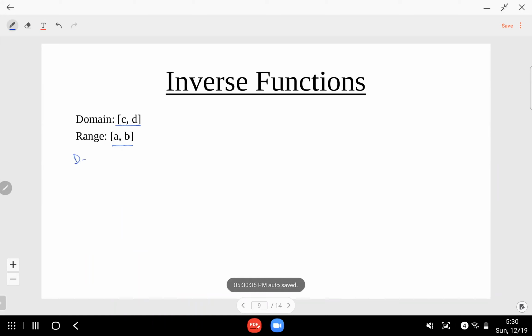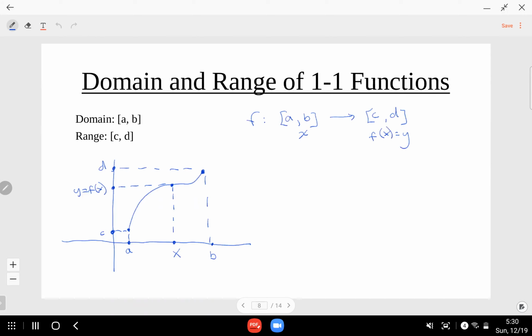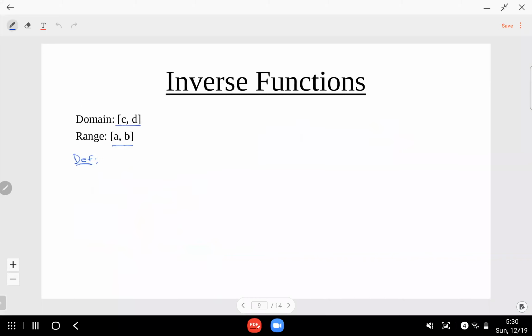Let me give you the definition of an inverse function. Basically, the domain and the range are switched for these two functions. You switch the domain and the range.